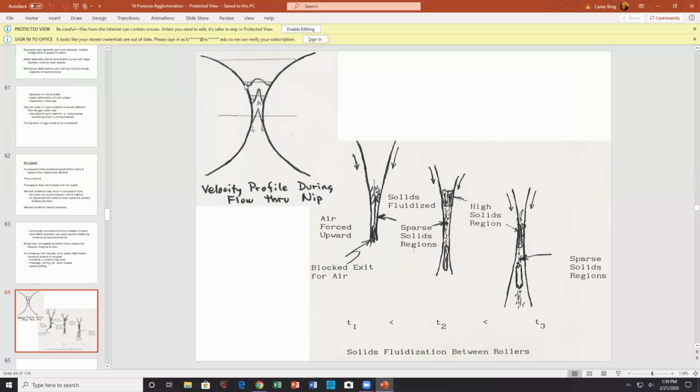You have flow down at the rollers and up in the center line. That situation, if it goes on through, will leave you regions of sparse solids and high concentration of solids. The exit for the air is actually blocked here because of the solids being densified.